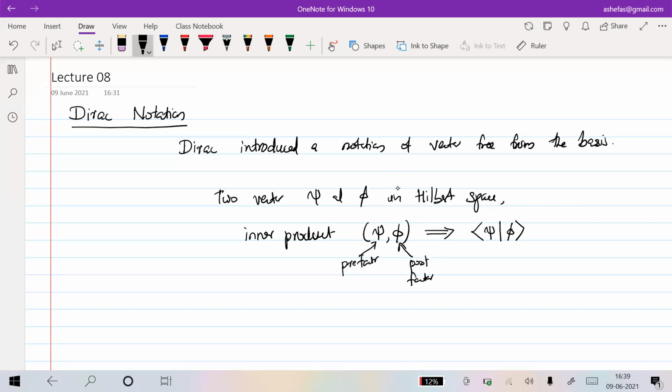Now this inner product in Dirac notation is the inner product between two vectors from two different spaces. Okay, so what he has done is this we can call a bracket. So he has divided this into Bra and Ket. So this <psi| is called the Bra vector and |phi> is called the Ket vector.